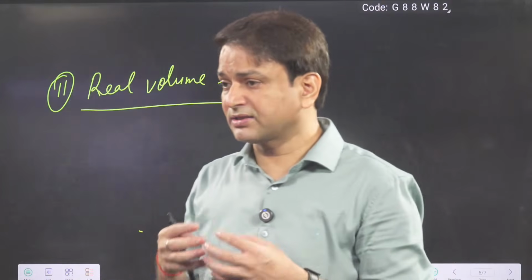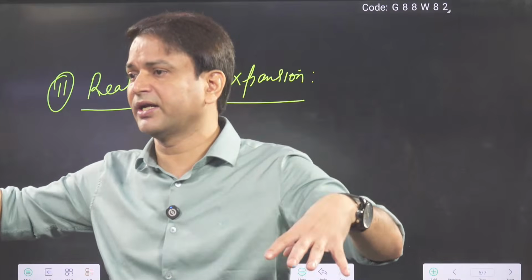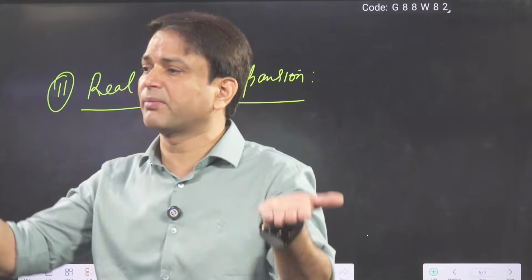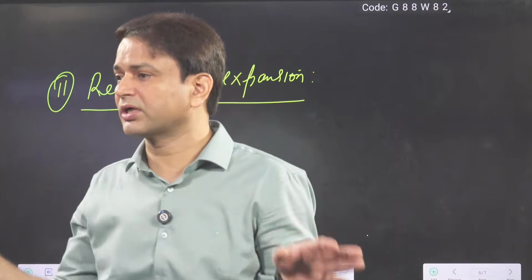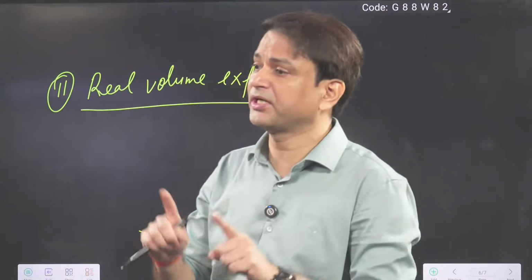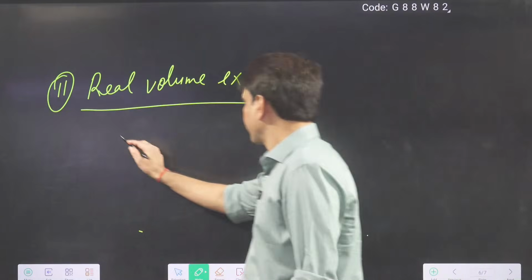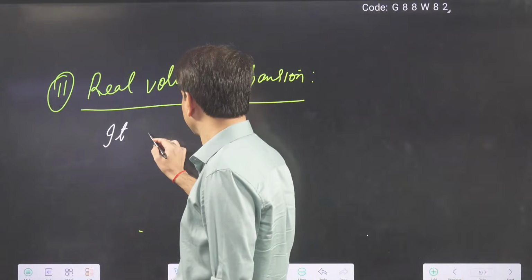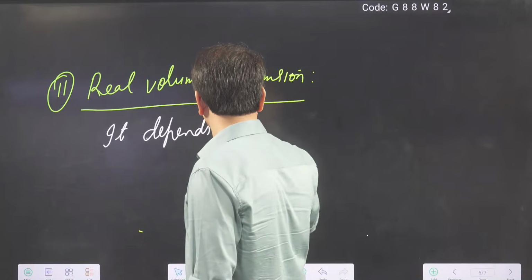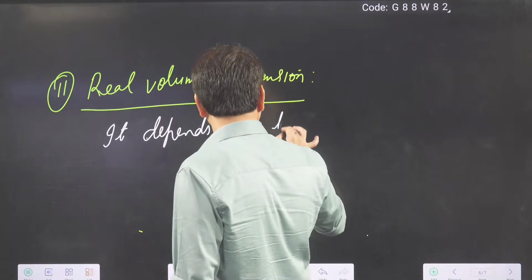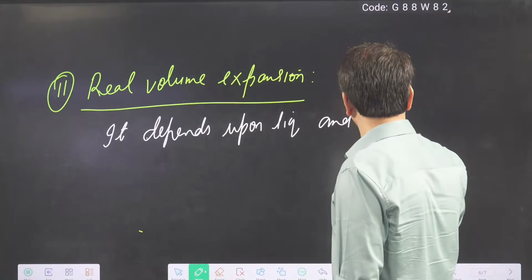If I take the same amount of milk in a copper container and a steel container and increase the temperature by the same amount, the actual expansion in the milk will be the same in both containers, but the apparent expansion will be different in different containers. Everybody got it? So it depends upon the liquid, and does not depend upon the container.